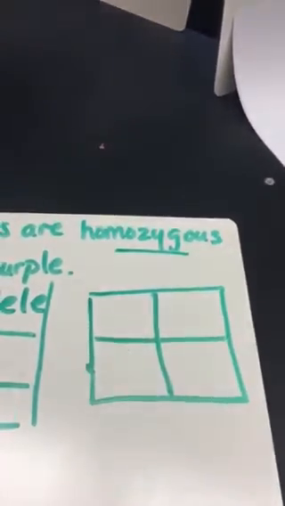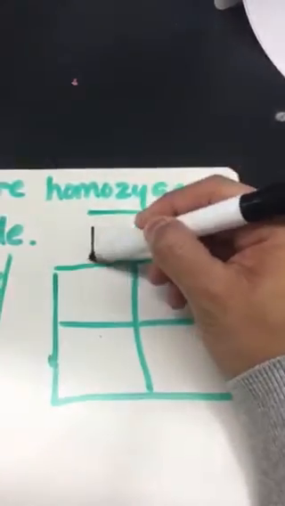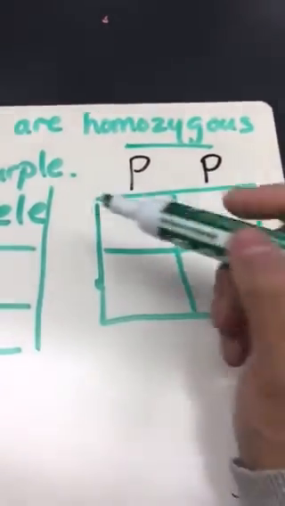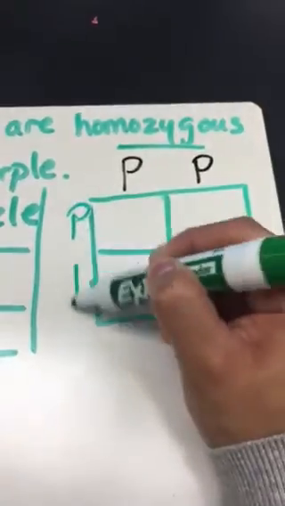It really does not matter. In this case, since we said parent 1 was homozygous dominant, I'm going to represent it by 2 capital P's. We said parent 2 was also homozygous dominant, so that second parent I'm just going to put onto the side, 2 capital P's.